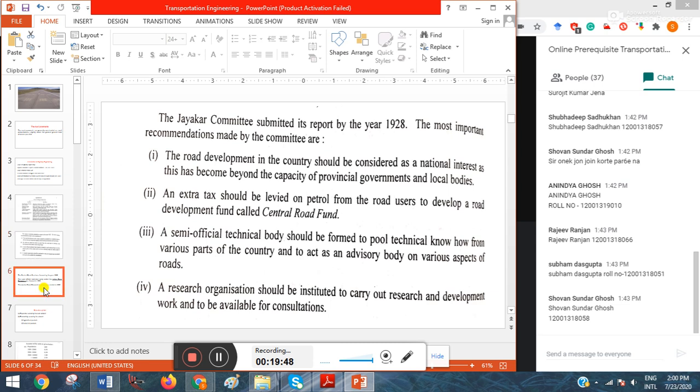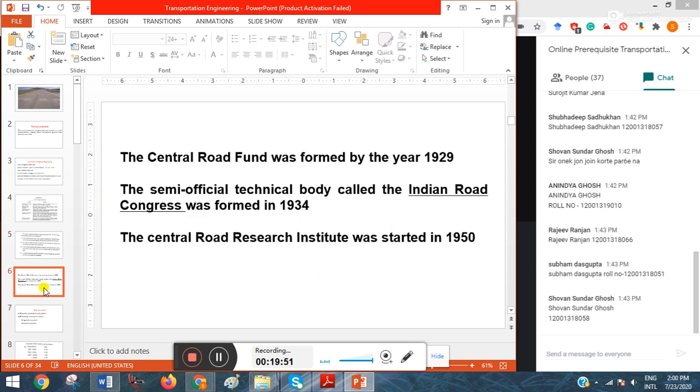After that, three organizations were formed. First, the Central Road Fund, which was formed in the year 1929. You can write these down, these are MCQ questions, very important for SSC exam, AE exam, senior section engineer exam, or any kind of civil engineering exams.